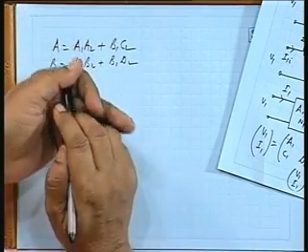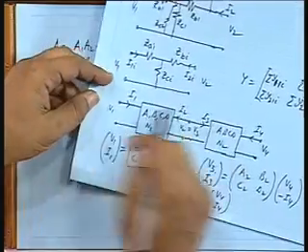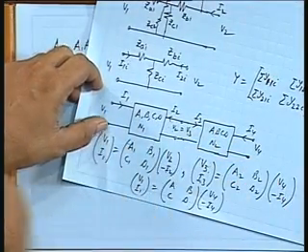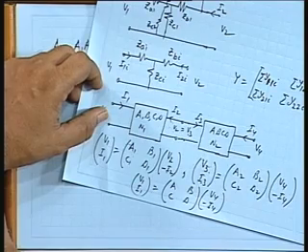Mind you, this element A is the ratio of two voltages. So it is a dimensionless parameter.